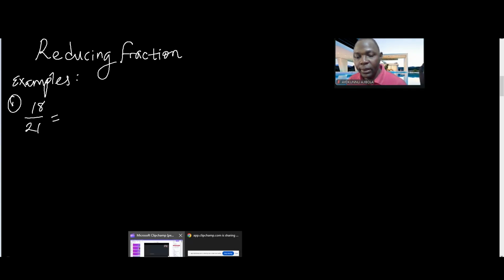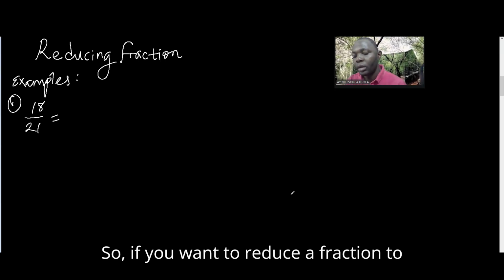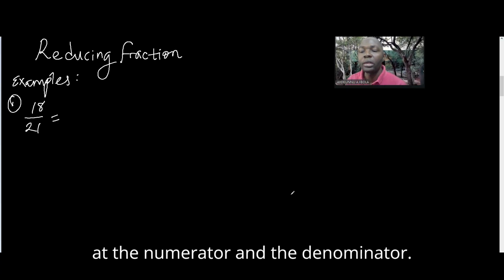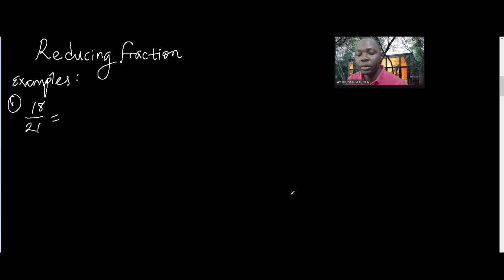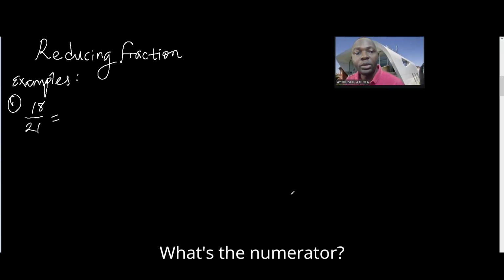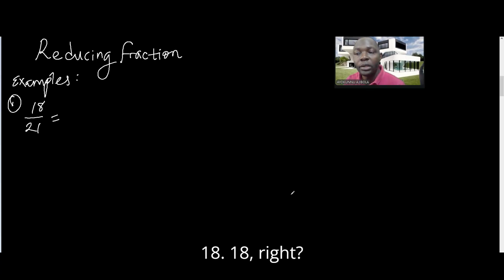All right. Can you hear me now? Yeah. So, if you want to reduce a fraction to the simplest form, you're going to look at the numerator and the denominator. What's the denominator? 21. Speak up. 21. Good. What's the numerator? 18, right?